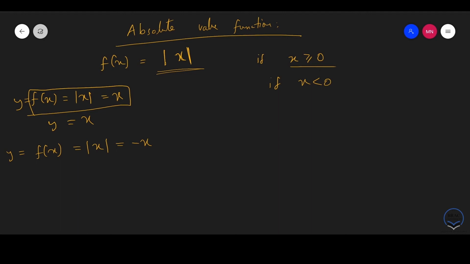And we can show this because if we consider x to be minus 2, then when we take the absolute value of minus 2, so in this case our x is minus 2, then this will give us 2, right? The absolute value of minus 2 will give us something positive, which will be, in this case, 2. So if this is x, this is minus x, right? So when x is less than 0, we have the graph of y is equal to minus x.